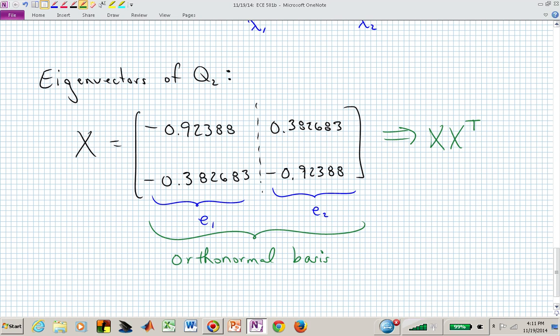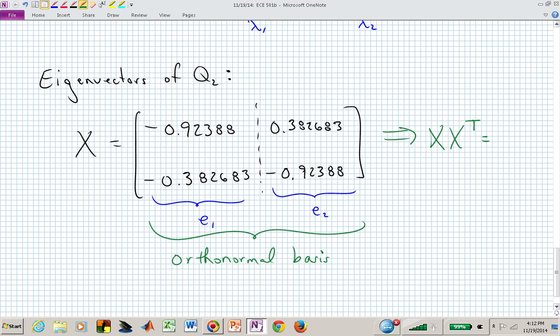If I computed this product of X times its transpose, what's the result? It's the identity matrix, because these are orthonormal.